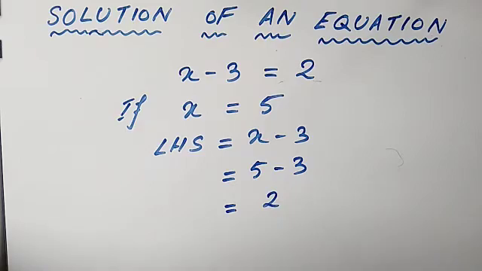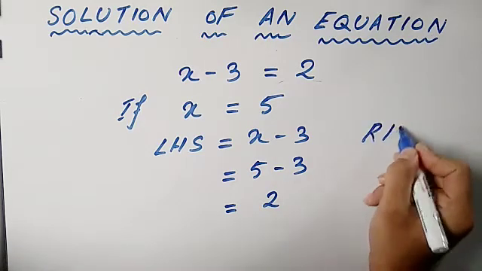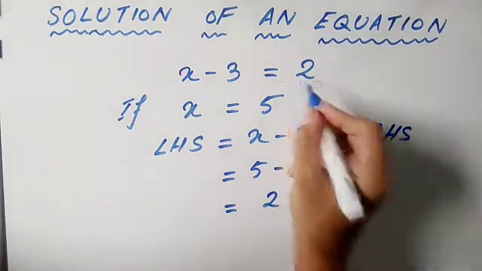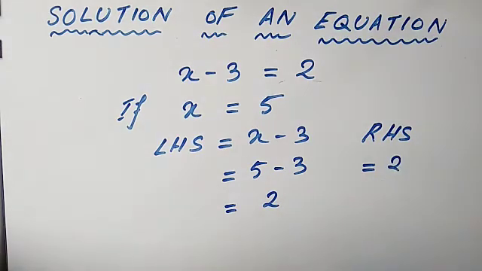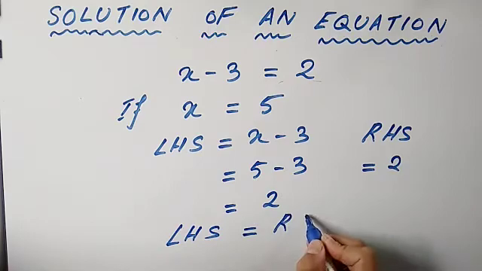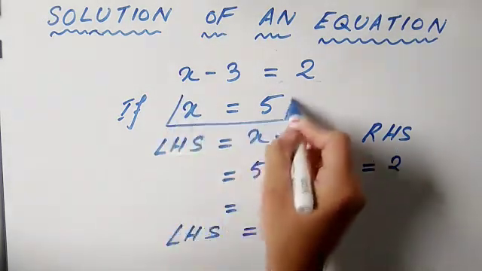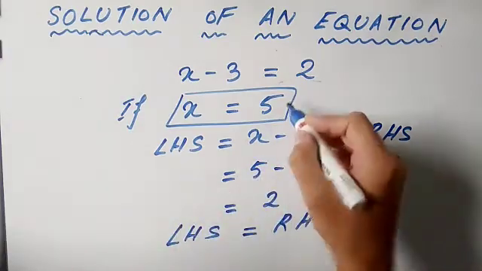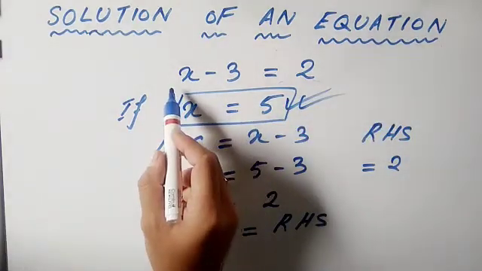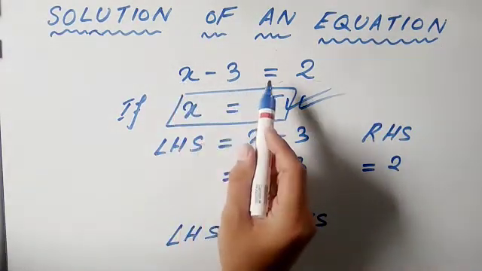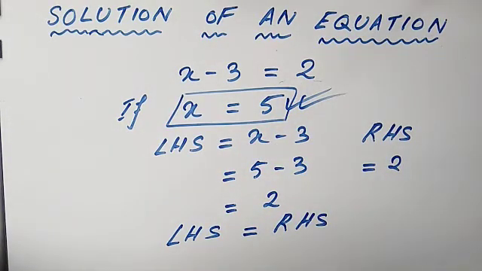Yes, it is 2. And the value on the right hand side is also 2. So, the value on the left hand side equals the value on the right hand side. So, x equals 5 is the solution of the equation.